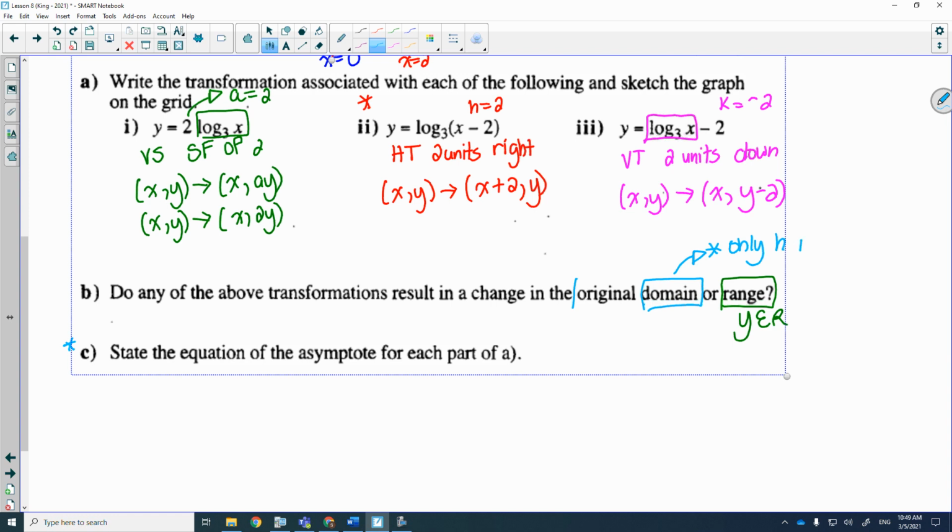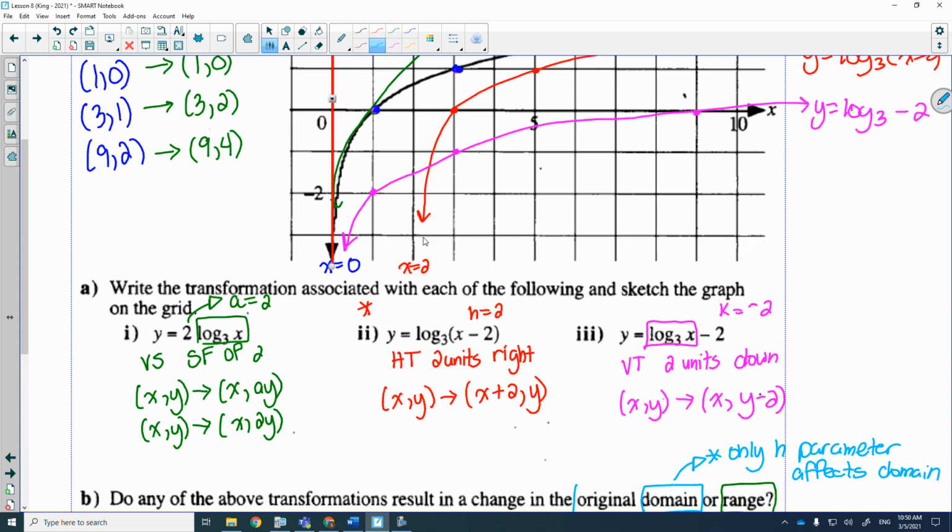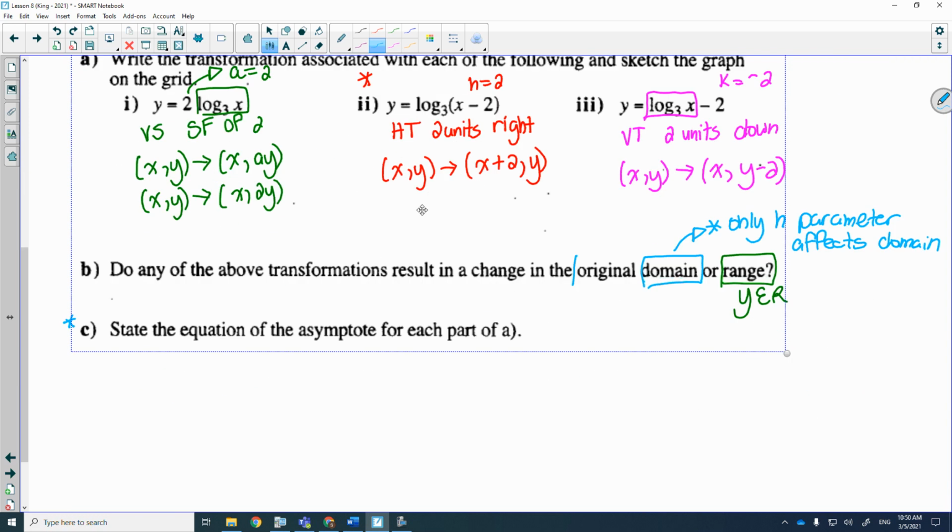Only the H parameter affects the domain. So essentially, the domain of my red graph was x is greater than 2, right? If my VA is at 2, that's my VA. The domain is x is greater than 2. So I'll write that.